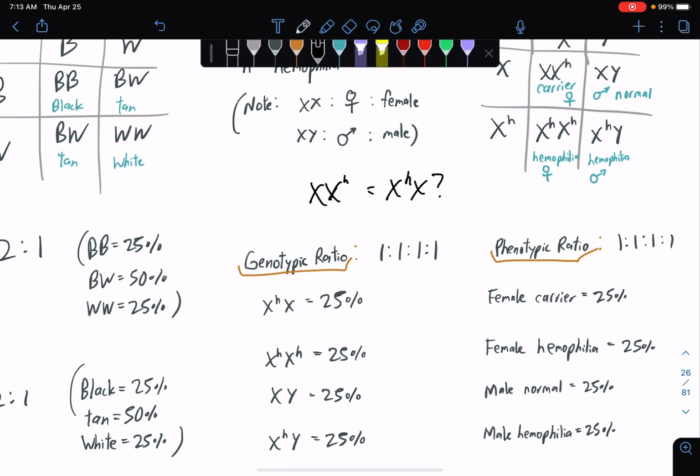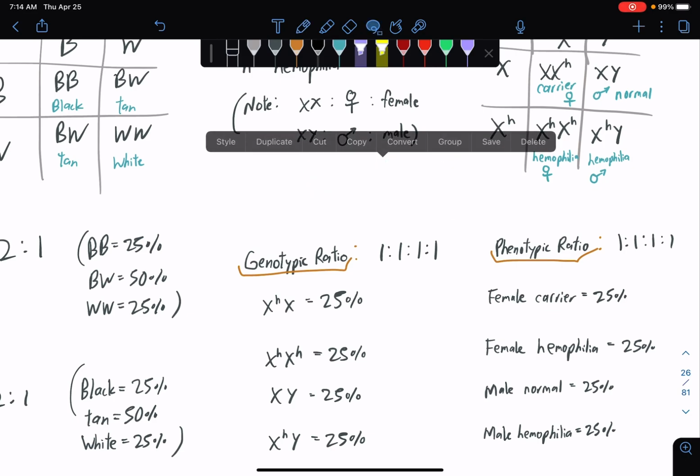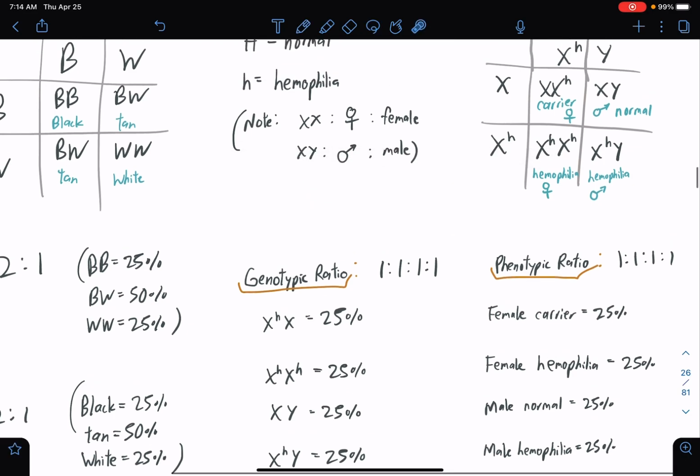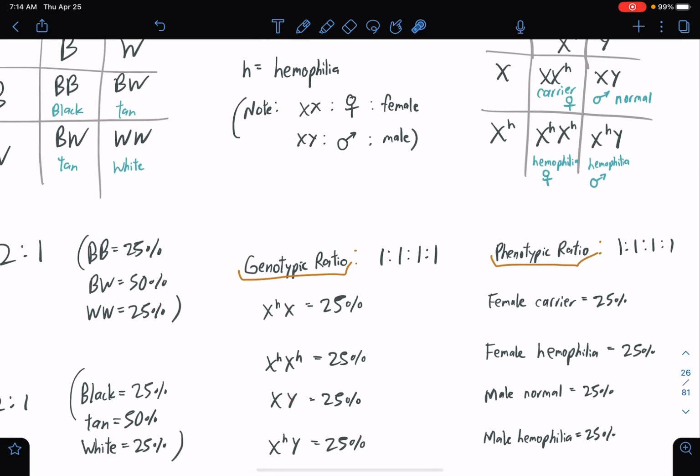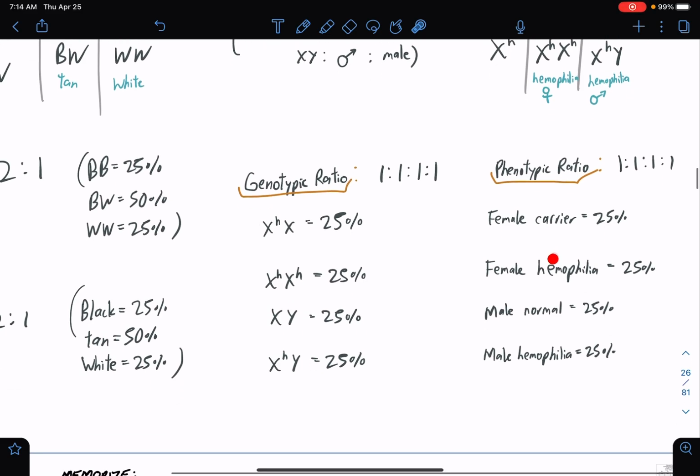Technically, I mean, yeah, this is a question that's been unanswered, but I guess we'll just have to deal with it ourselves. So this basically is for the female carrier. This one is for the female with hemophilia. This one is the normal male. This one is the male with hemophilia. So yeah, phenotypic ratio basically describing what the symbols mean.